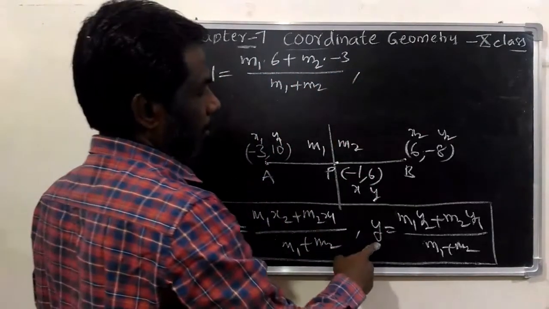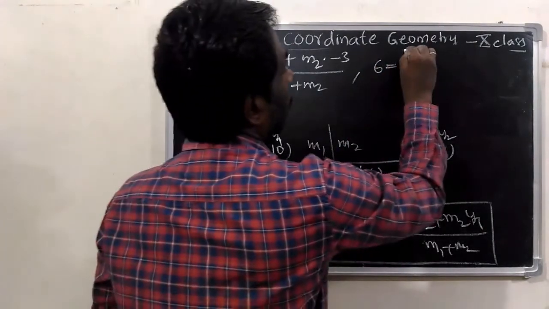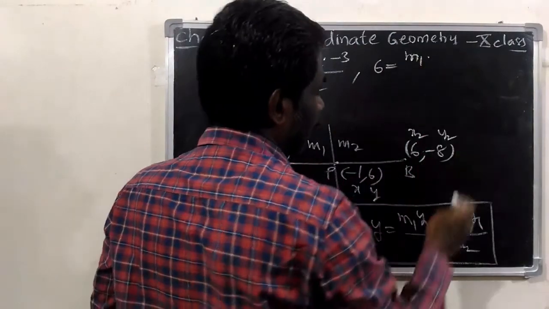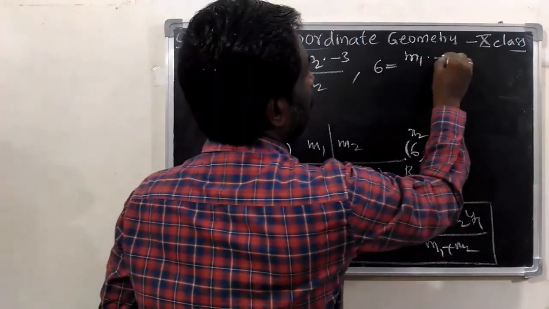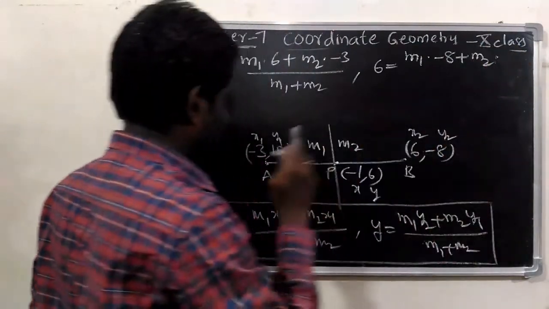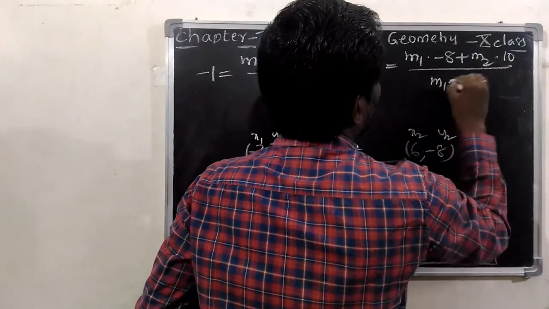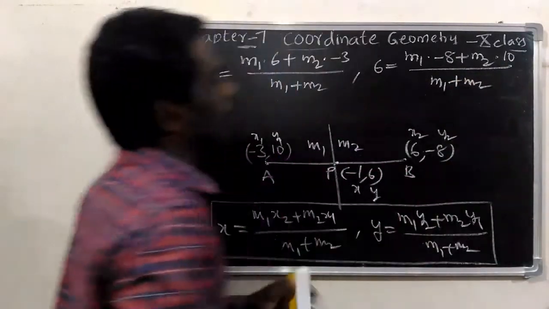Comma, y. Y is what here? 6 is equal to m1 into y2, y2 is minus 8, plus m2 into y1, y1 is 10, by m1 plus m2.